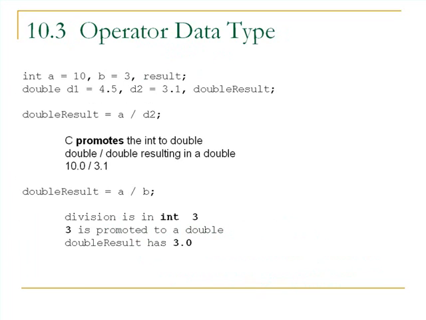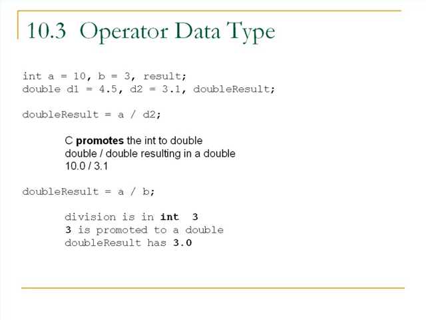So here's another code snippet, and we'll start to look at interesting things that happen when we have mixed type arithmetic. In this first executable statement, double result gets A divided by D2. What is the data type of the division? Well, we've got an int divided by a double. There is no such thing as an int divided by a double. We have to do the division either in int or double.